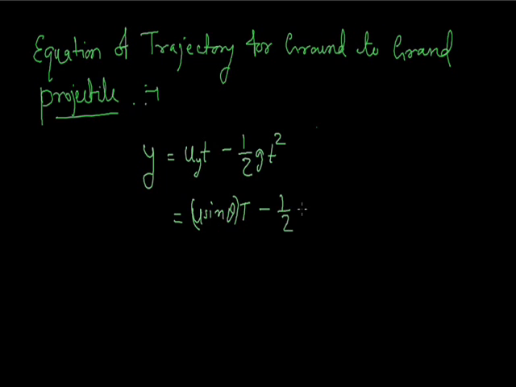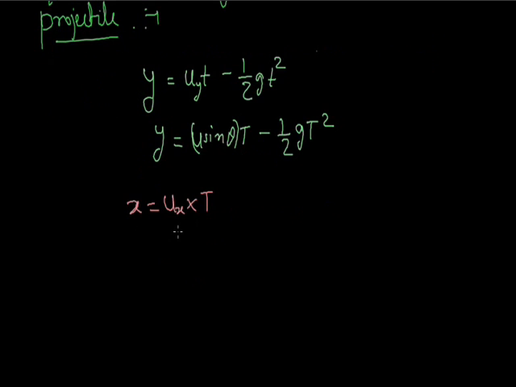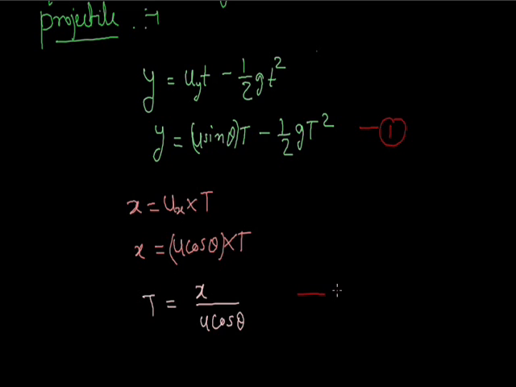From the horizontal range we can say x equals u_x into t, where u_x is the horizontal component of the velocity, u cos theta, and t is the time of flight. So we can calculate the time of flight T as x by u cos theta. We call these the first equation and the second equation.